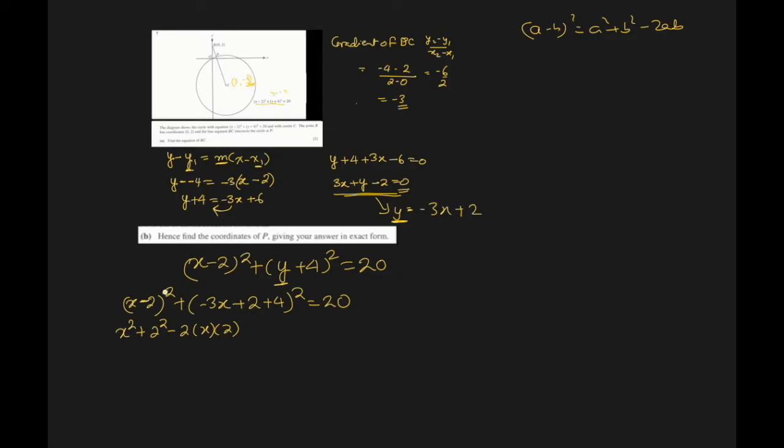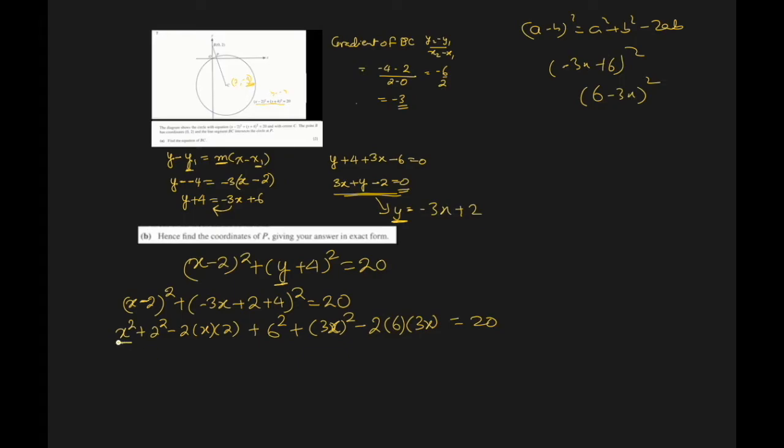We don't take care of the negative because in the formula the negative has been taken care of, so we ignore it here. Now this will become minus 3x plus 6, squared. So we will expand that as well. So let's write it as (6 minus 3x) squared. So again, a squared plus b squared minus 2 times ab equals 20.